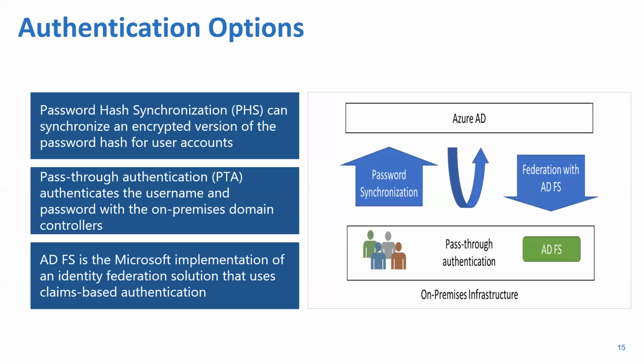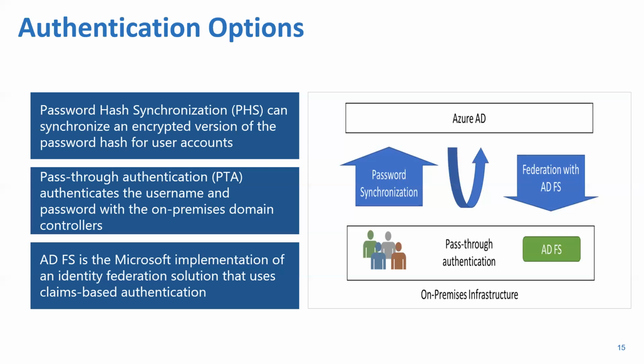If you have implemented pass-through authentication, then every time a user logs in, his login information is sent to your on-prem Active Directory. It checks whether the login information is correct. It verifies the password in your on-prem Active Directory, sends back a token. Once the token is verified, the user logs in.